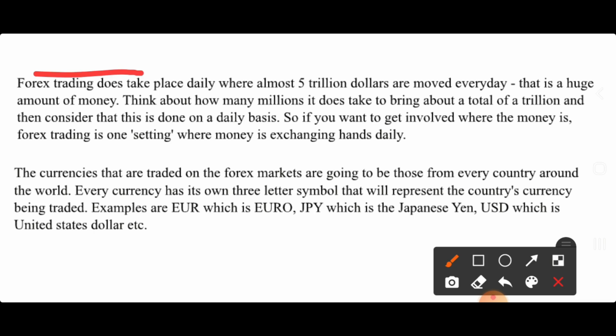When all these pool the money, they make a very big transaction. Think about how many millions it takes to bring about a total of 1 trillion. Of course, it's a very large amount of money. And consider that this is done on a daily basis. Within 24 hours, all that money, even more, is being traded.